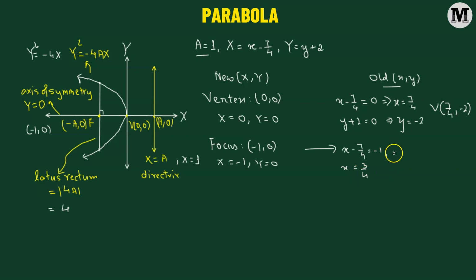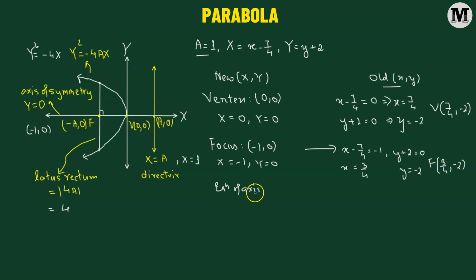And then we have y equals 0. That means y plus 2 equals 0, giving us y equals -2. That means the coordinate of the focus of the parabola with respect to the old coordinate system will be 3/4, comma, -2.